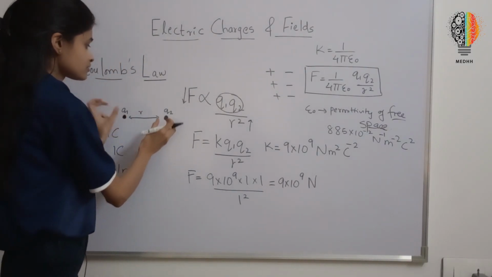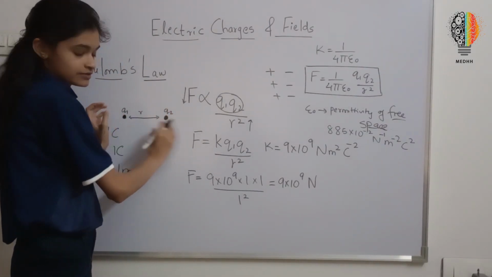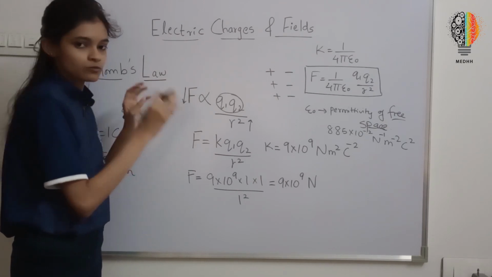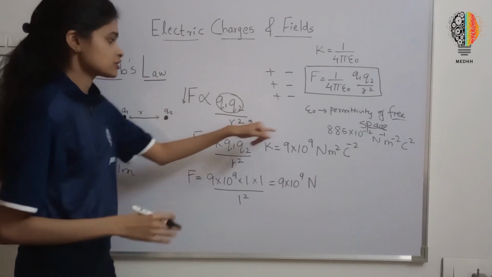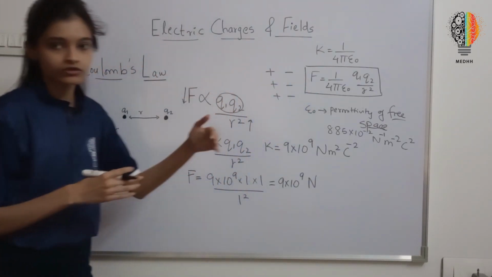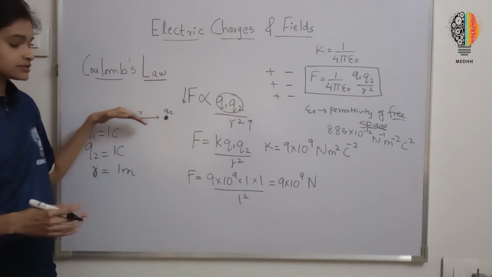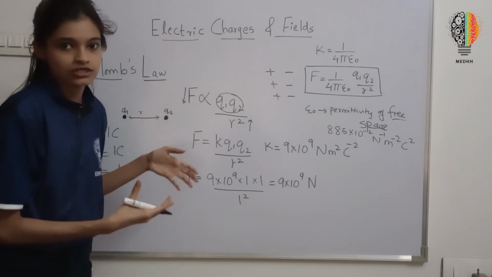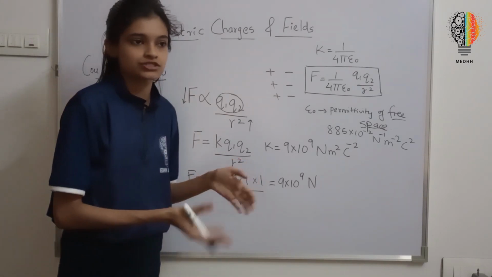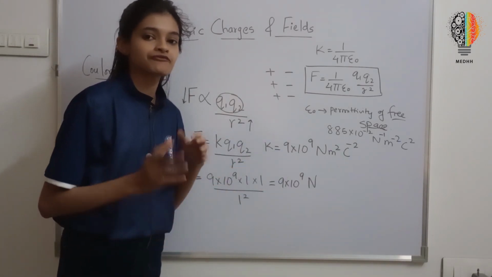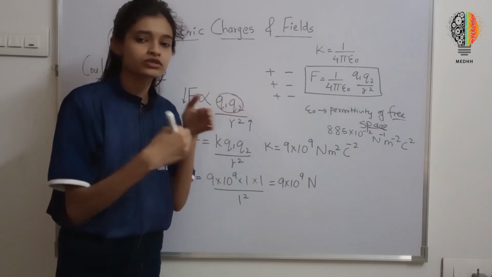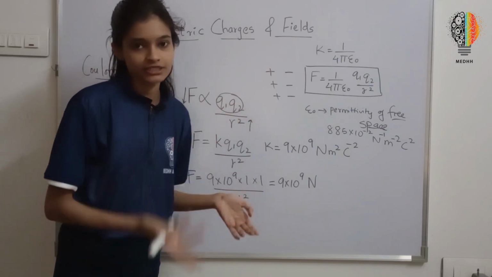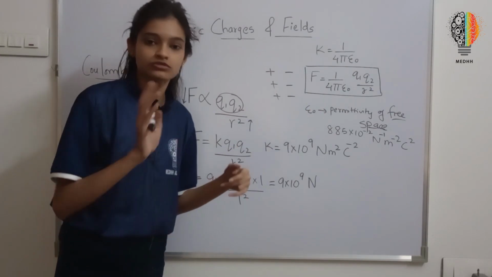We are assuming that the charges we are talking about are kept in vacuum. So epsilon naught will be the force that is allowed between these two charges. If these charges are kept in some other medium such as glass or air, the force experienced between them will be different, so this value will also change.